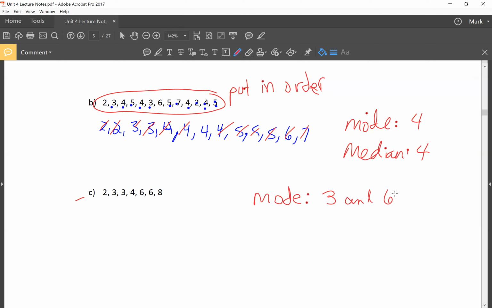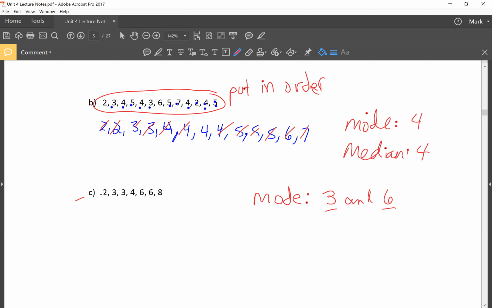If they're the same, then you can have 2. You are allowed to have 2 modes. It doesn't mean anything other than there are 2 items that are the most popular in your data set. So what's the most popular item at Carrefour? And the number of chicken sold is equal to the number of milk sold. If they're equal, that's fine. You can have 2. You do not calculate them.